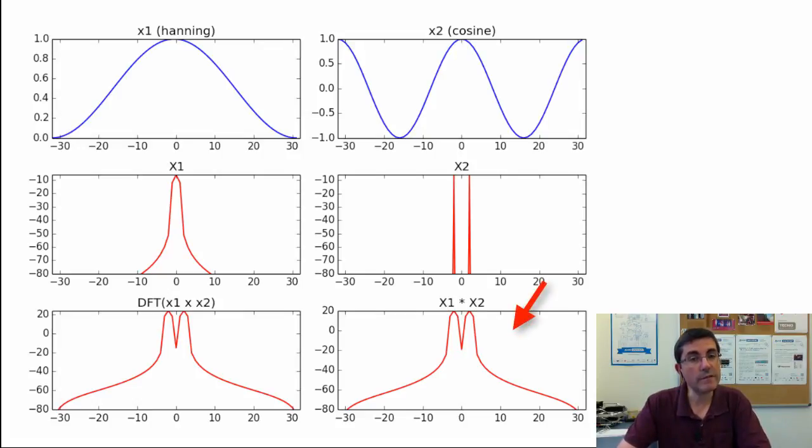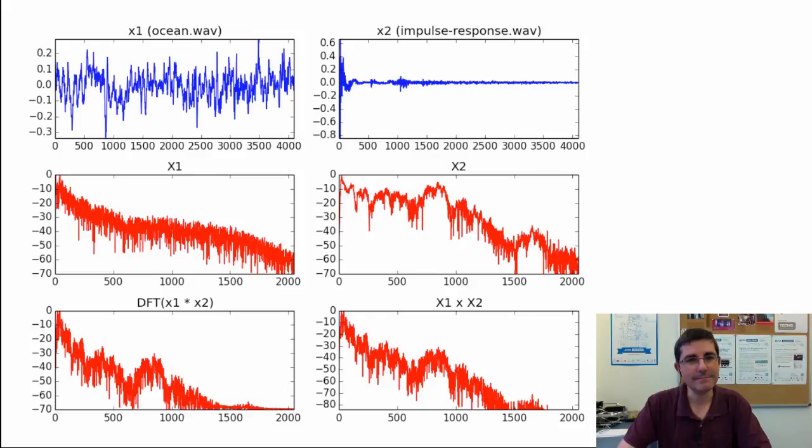If we convolve these two spectra, we see this on the right hand, which results in this shape. But the same shape can be obtained by multiplying the two signals, x1 by x2, and then taking the DFT. The result is exactly the same.